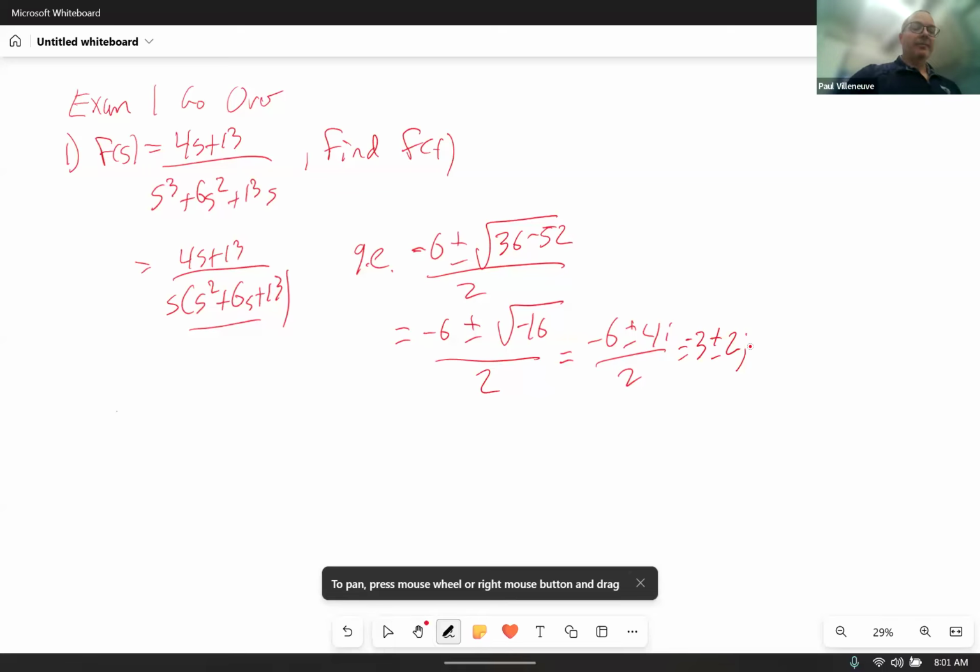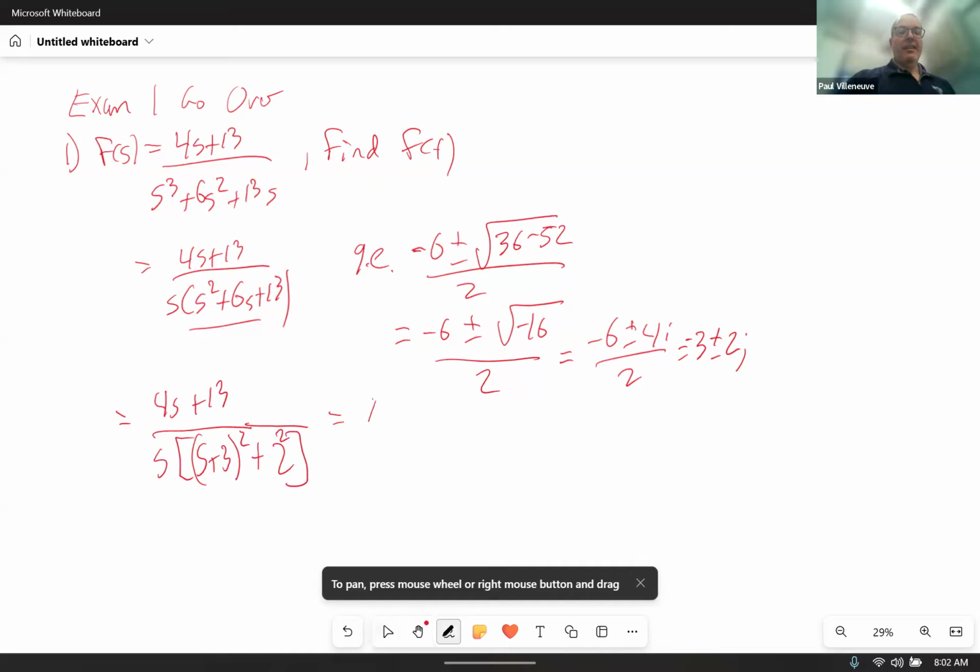So now, we talked about putting this in standard form. So it's s minus the real part, plus the imaginary part squared, right?